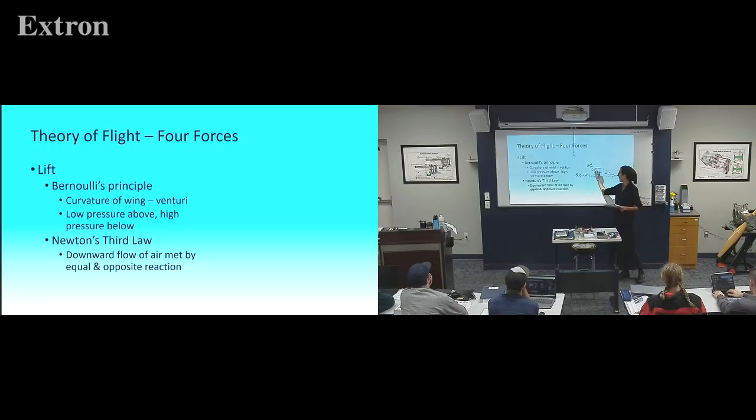And then we have an angle between the chord line and the relative wind, and that angle is called the angle of attack. You can think of it as the angle at which the wing is attacking the relative wind. So it doesn't like its relatives. So sad.